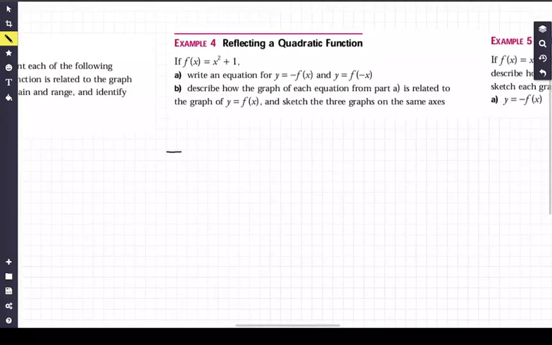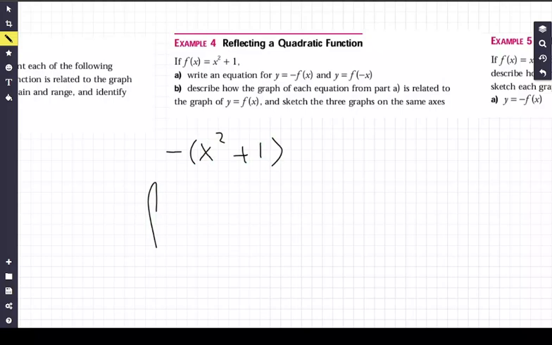It should be something like this. If we just add a negative sign directly, it's going to be x squared plus 1. In our case, we're treating this as a definite value, like we're defining this value. For example, f of x you can look at as a variable.